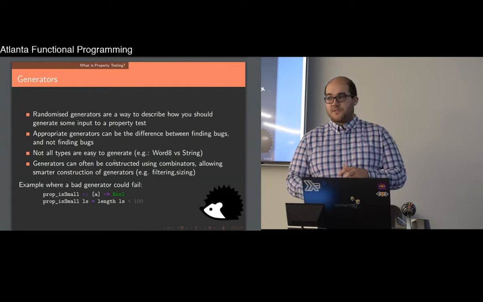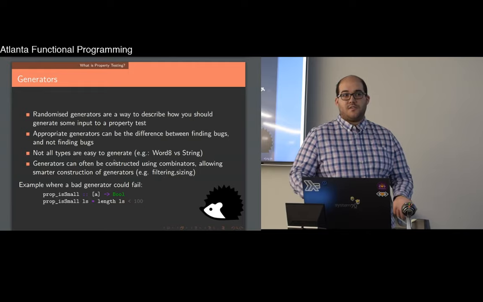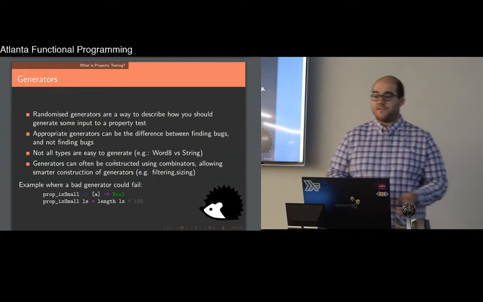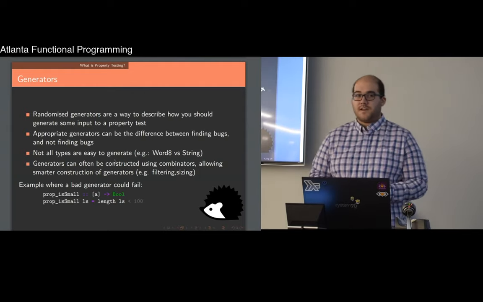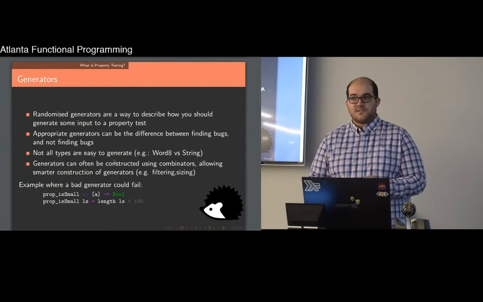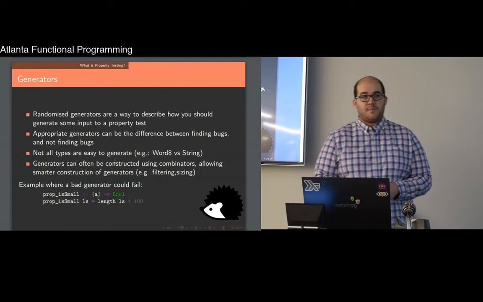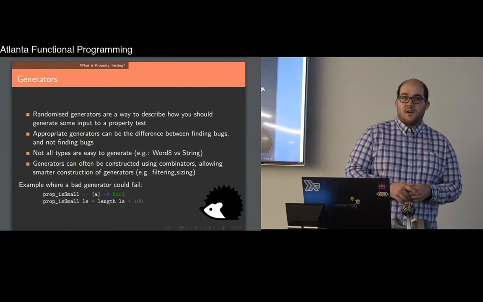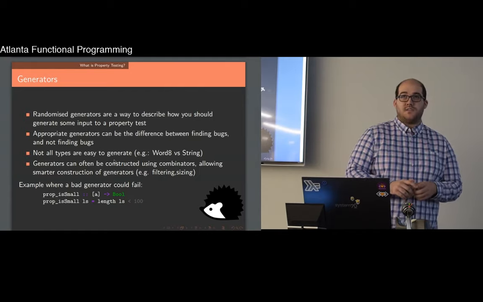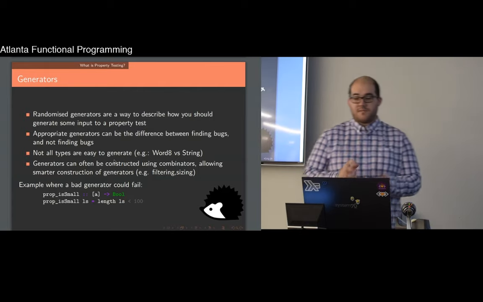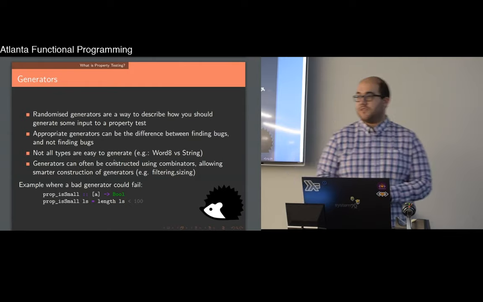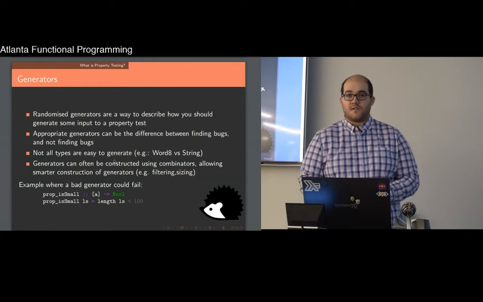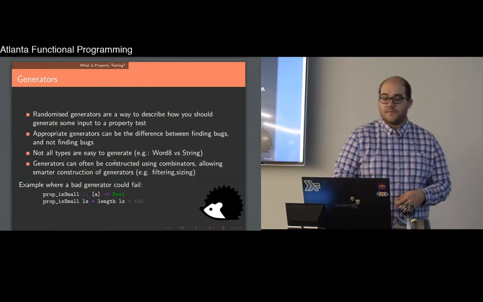There's also a discipline to writing good generators. If you write bad generators, you could actually end up not finding bugs, which is obviously not what you want. Typically, good generators randomly select from as much of the state space as possible, but there are also instances where you want a constrained state space.